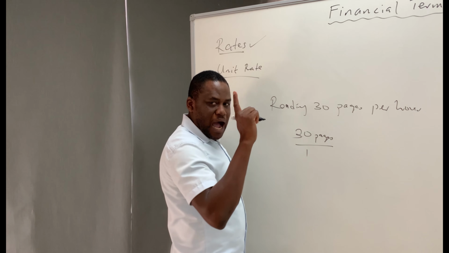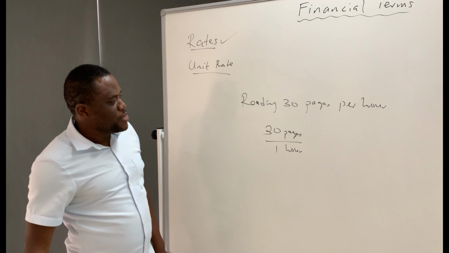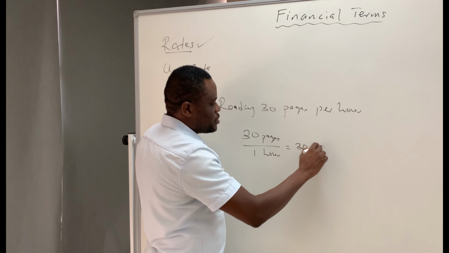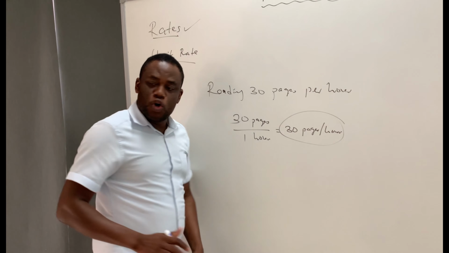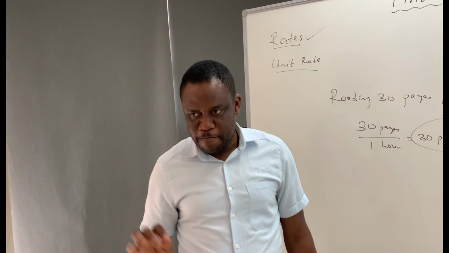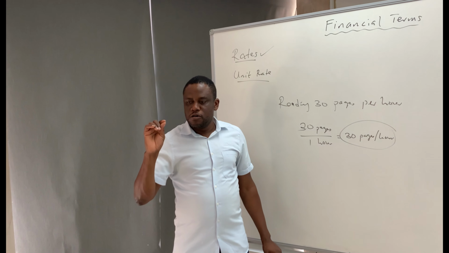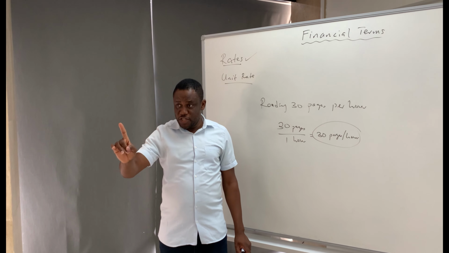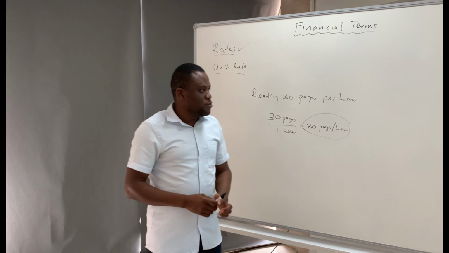That is, per hour means 1 hour. Which means you can say, oh, I read 30 pages per hour. This is called unit rate. Now, if the denominator is not just 1, it's not a unit rate anymore. It has now become generalized, right? Let's look at the sample.